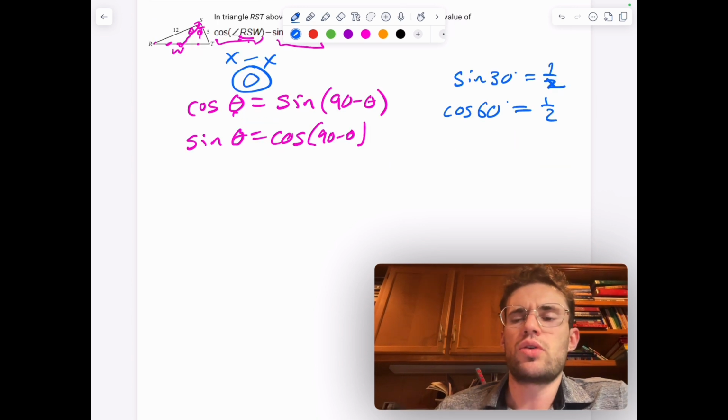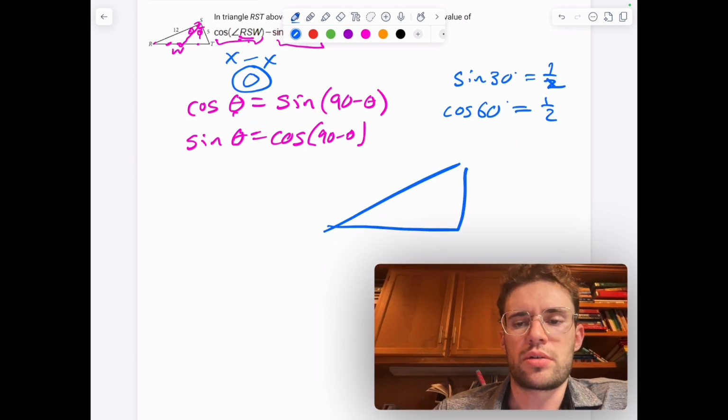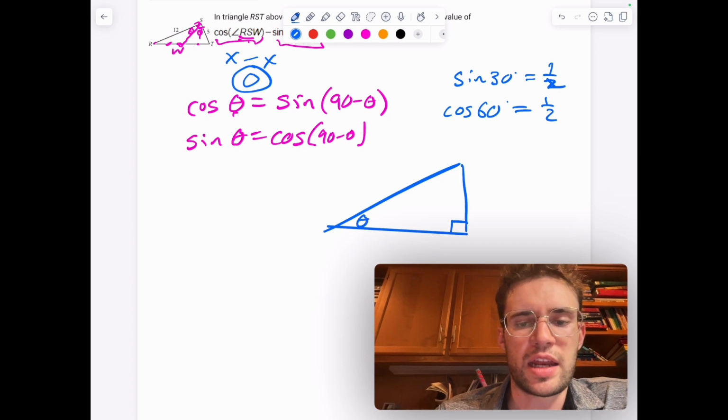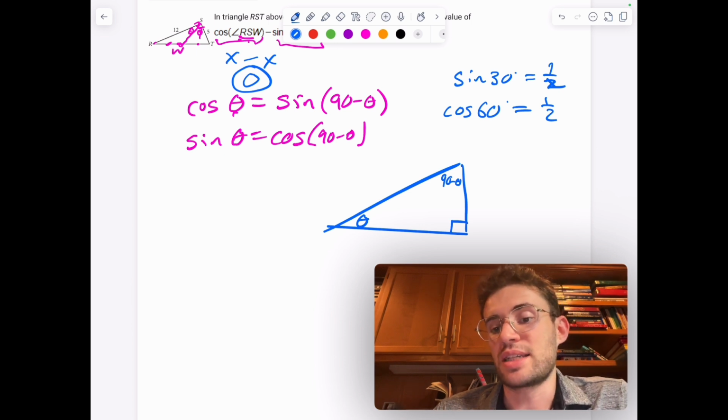And if you understand the unit circle, you'll see where this can come from. But you can also just draw a right triangle. If this angle is theta, then the other angle is always going to be equal to 90 minus theta, right? Since this one's already 90, 180 minus 90 gives you 90. So these two have to add up to 90. If this one's theta, this one's 90 minus theta.